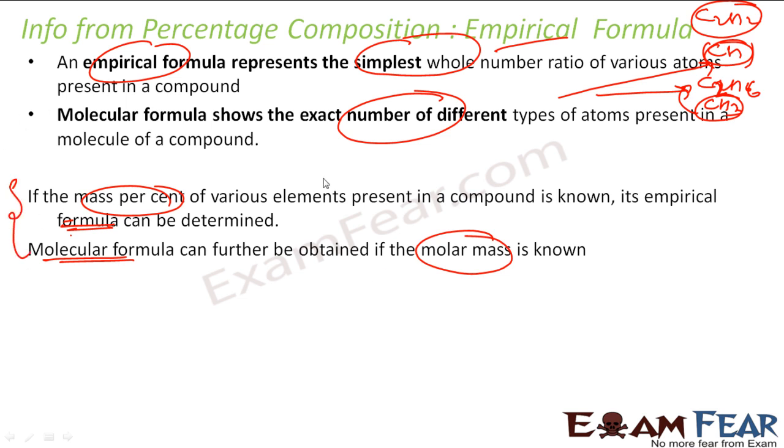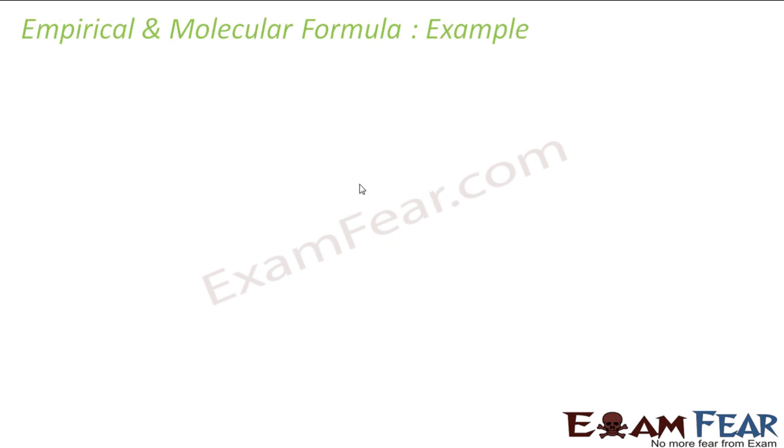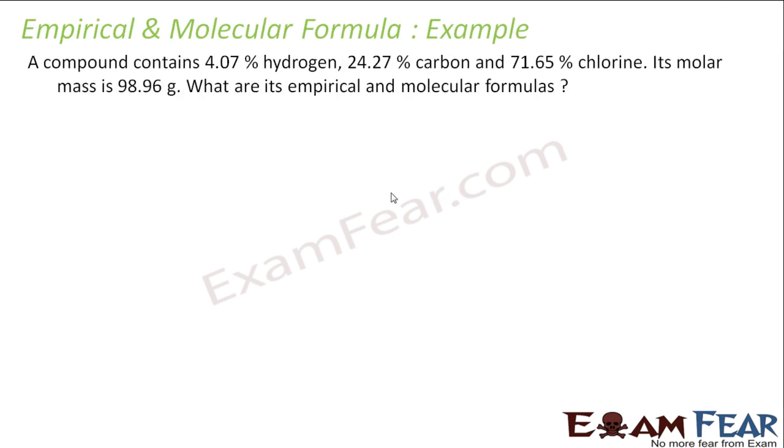If you know the percentage, you can find the empirical formula, and if you know the exact mass, you can find the molecular formula also. Let's take one example. A compound has 4.07% hydrogen, 24.27% carbon and 71.65% chlorine. Its molar mass is given. We have to find the empirical and molecular formula.